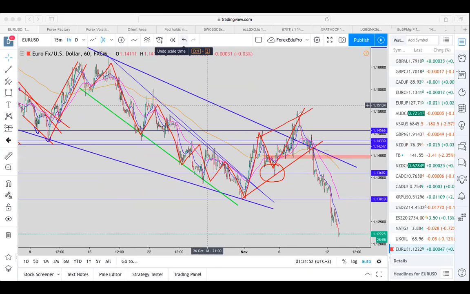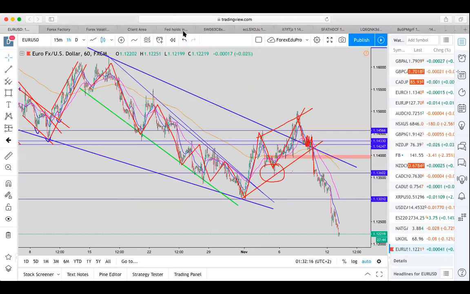Ascending structure, what happens? FOMC consolidation, break. There's our break.